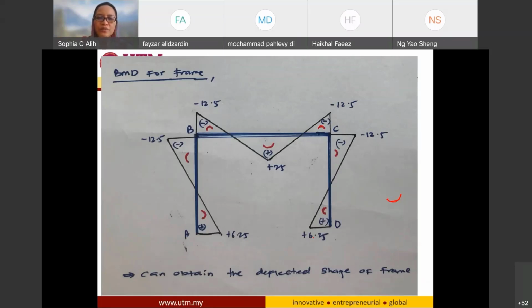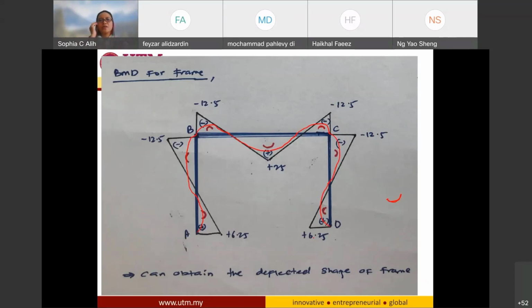So if the question requires you to draw the deflected shape of the structure, it's going to be something like this. It's going to be the smiley face, and then a sad face, and another sad face, and this one is going up, and another going down, and this one is going up, and this one is going down.